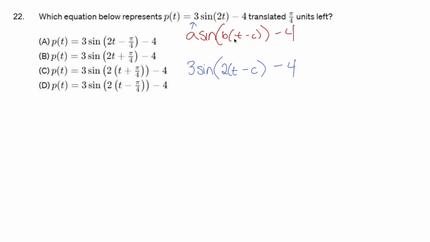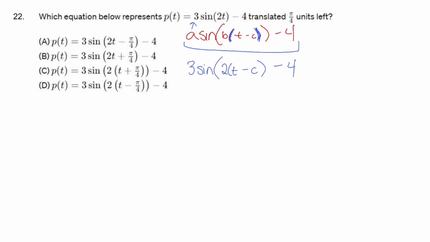But when you are going to translate horizontally, you have to include these parentheses if you have a coefficient in front of your variable. We do. We can't just say something like 2t blah blah, because you're not doing it right. You need those parentheses there.